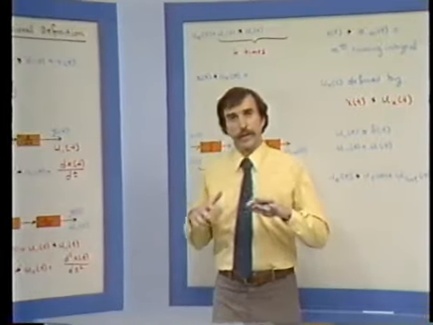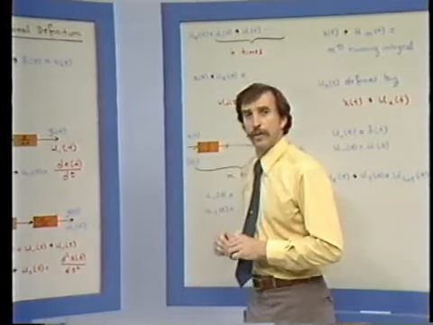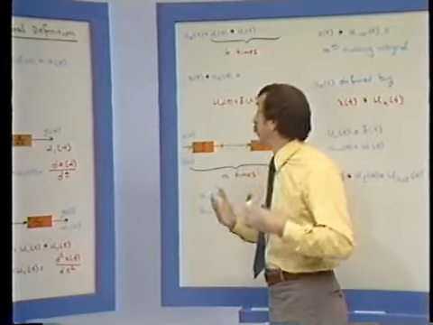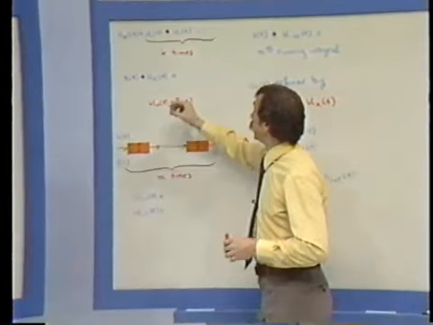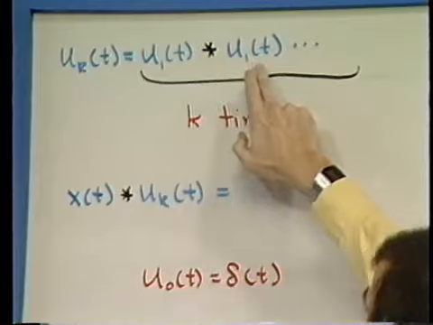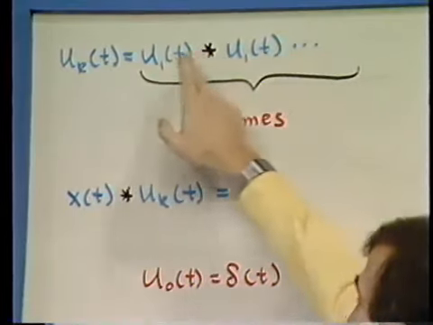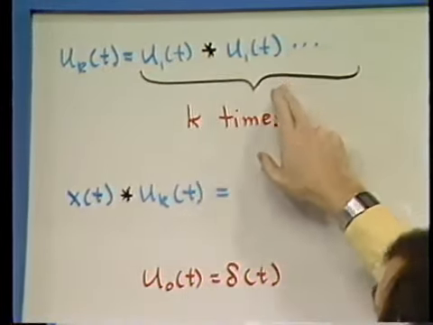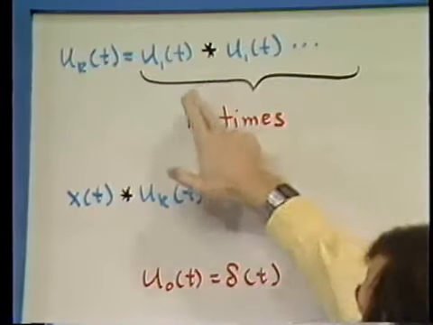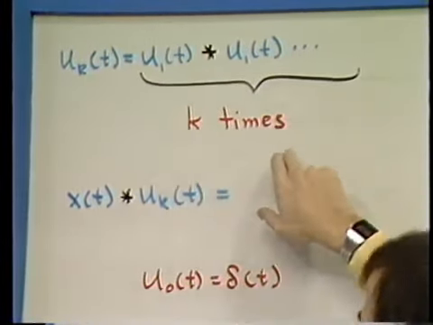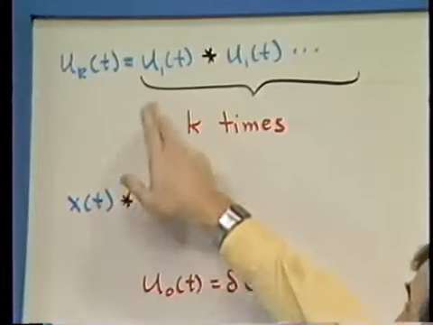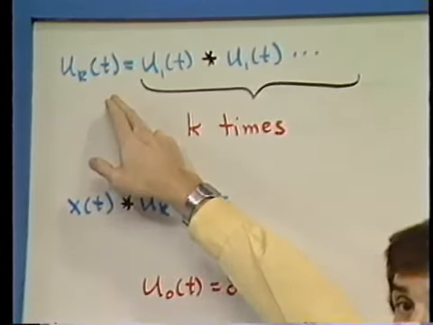Okay, now we can carry this further and, in fact, talk about the result of convolving u1 of t with itself more times. In fact, if we think of the convolution of u1 of t with itself k times, then logically we would define that as u sub k of t.